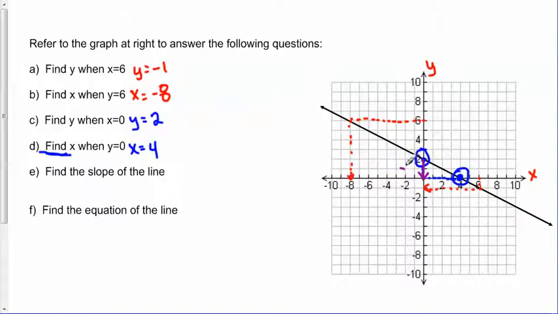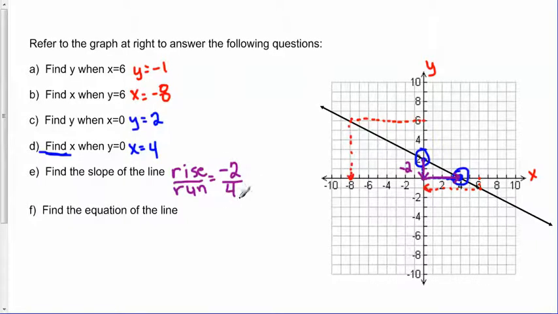I go down 2. So remember, the slope is the idea of the rise over run. We want to keep going back to that concept of rise over run. So the rise we just saw from that first point to the second point is -2. And then when I say, well, how far do I run? And I count that over, I can see that I go over 4. So does that mean that my slope is -2 over 4?